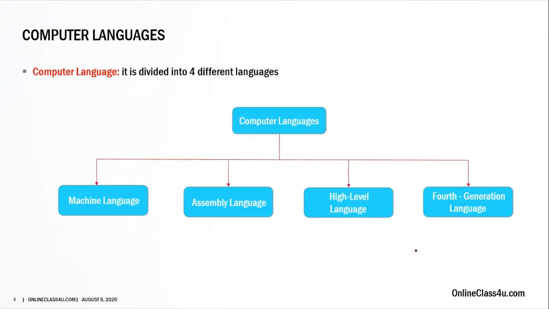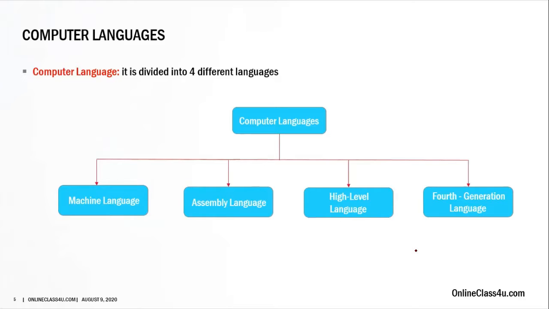For converting the high-level language to machine language, we use translator programs. There are two types of translator programs: one is the compiler and the other one is the interpreter.